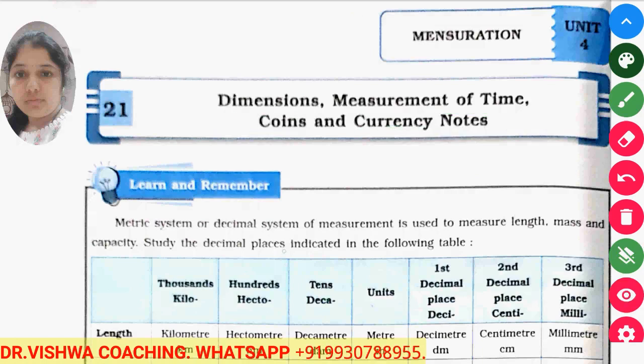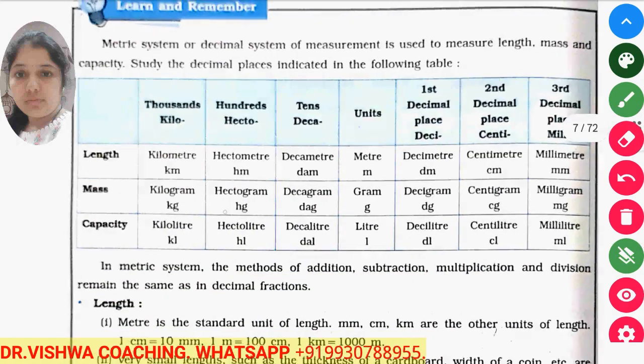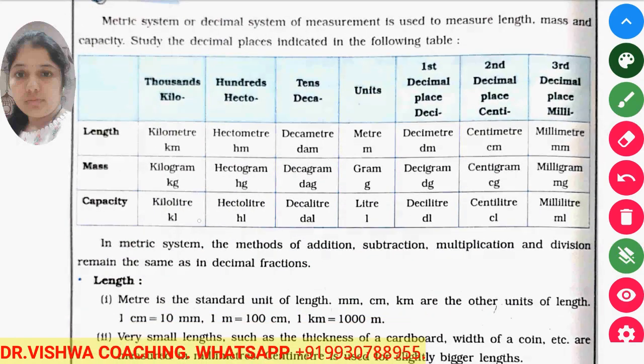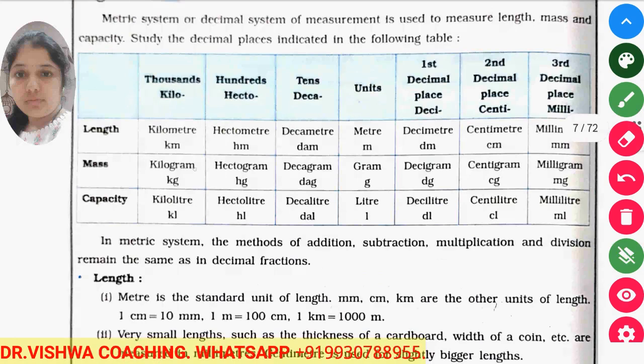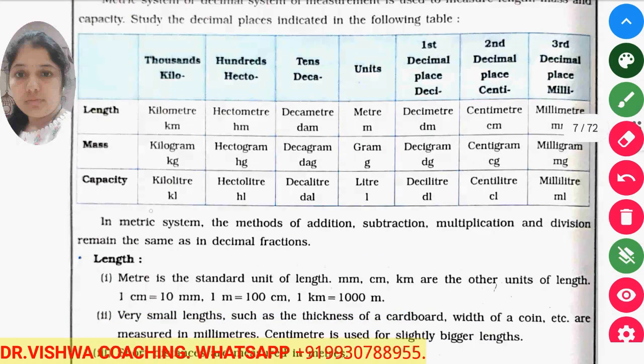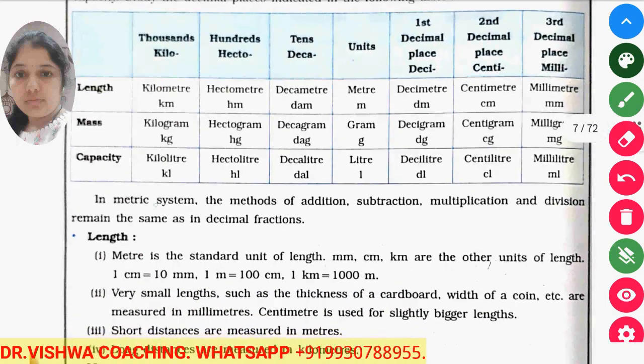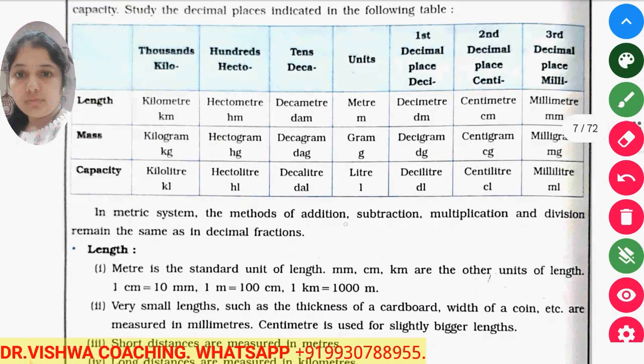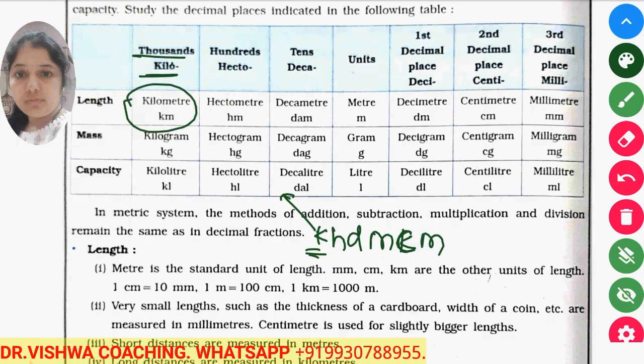Okay, so you all know the conversion of the units, that 1 kilometer is equal to how many meters or how many centimeters. So there is one formula, khichdi made coming morning. Here the K of khichdi stands for kilo, 1,000 kilometer or 1,000 kilo.